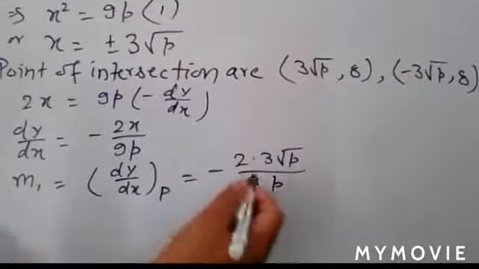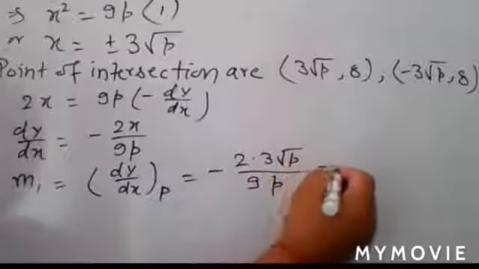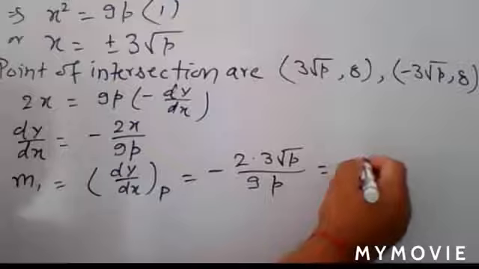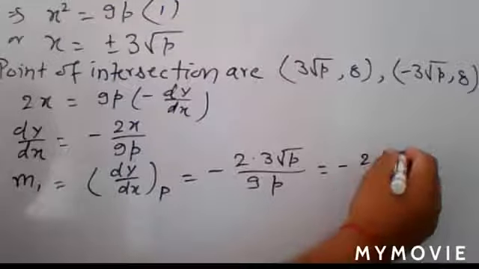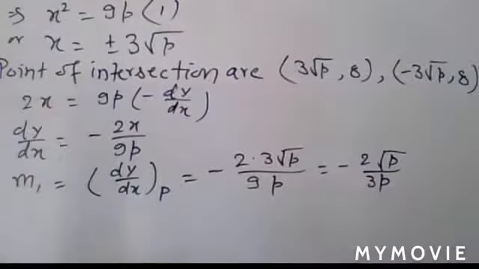Understand? So in this way, you have your result. Now you can cancel it, so you have minus 2 under root p upon 3p. That gives the value of m1.